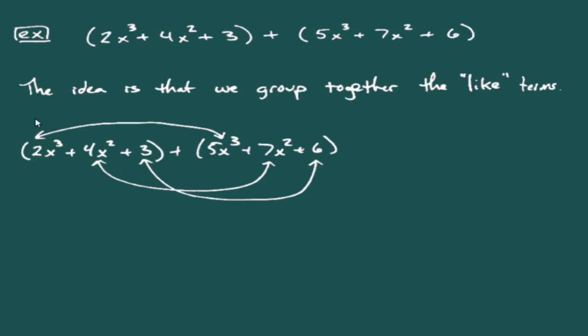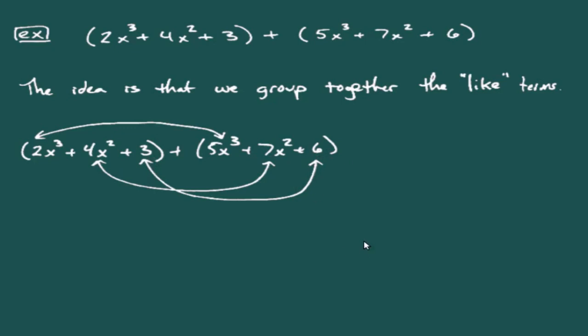Well, my 2x to the 3rd power and my 5x to the 3rd power. I've got like terms in the 4x to the 2nd power and the 7x to the 2nd power. And I've got like terms in just the numbers themselves, the 3 plus the 6. They're just numbers, they don't have variables on them.